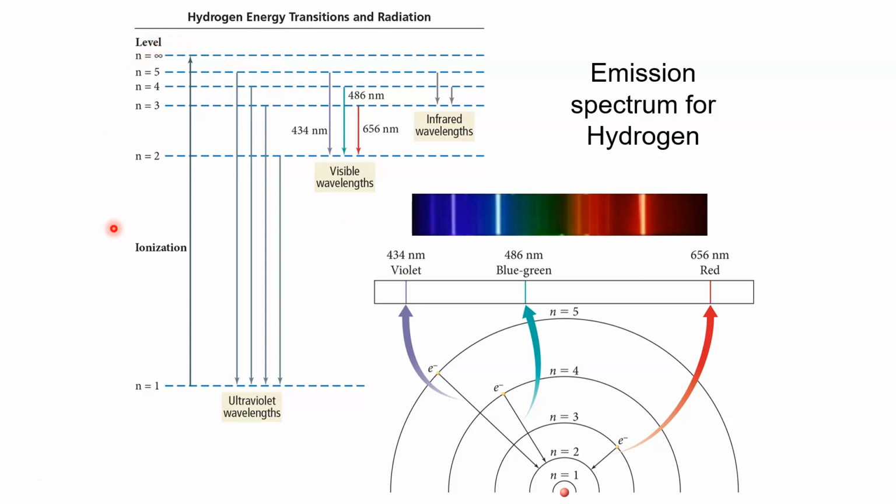And so here we have a graph of sorts showing that if you have transitions to the n equals 1 level, that's ultraviolet wavelengths that are emitted. The visible wavelengths start with electrons at the n equals 2 level, and they get excited and fall back down. And then IR is up here.